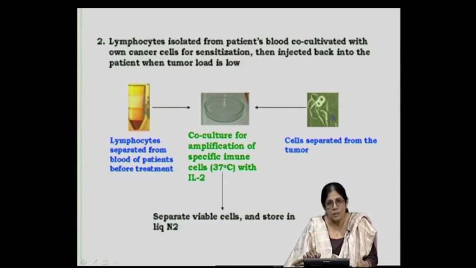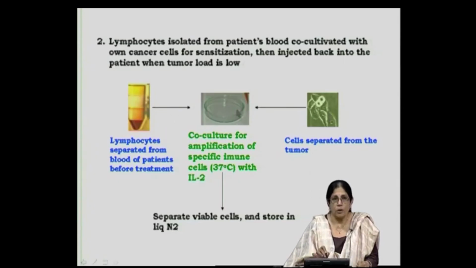Of course, one needs to make single cells. These two are co-cultivated. So, in other words, the patient's lymphocytes are being taught again to recognize or get activated to their own cancer cells.